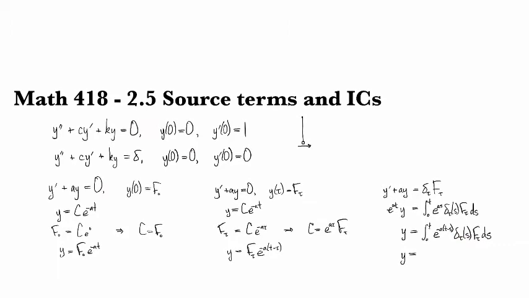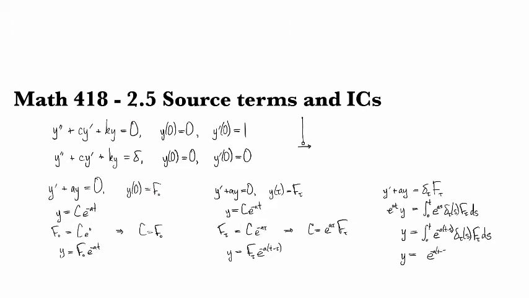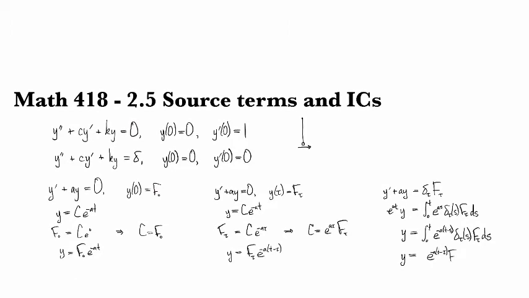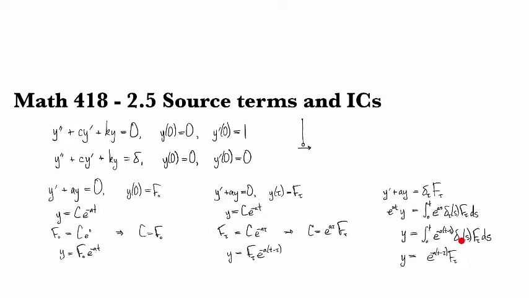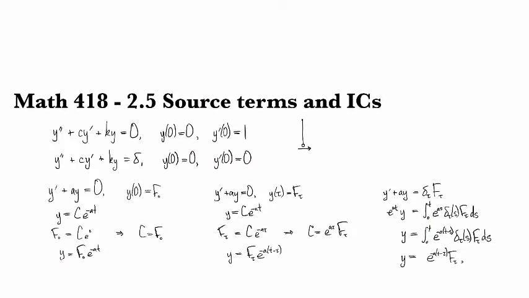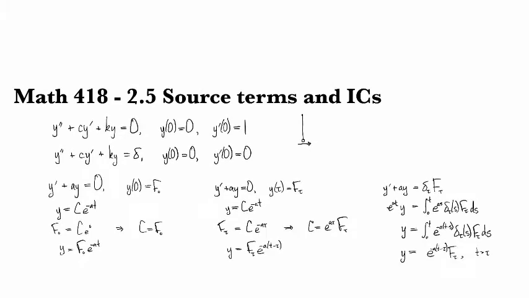And so this becomes e to the minus a (t minus tau), and then I've still got that constant f of tau. But this only happens in the case when tau is in this interval from 0 to t, in other words, when you're integrating over that. So this is for t greater than tau. For t less than tau, you get nothing.